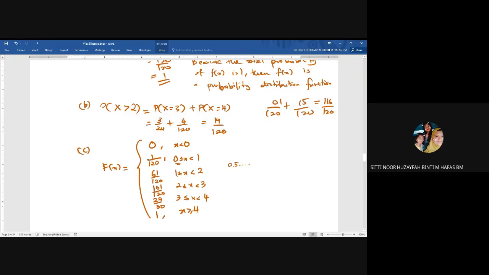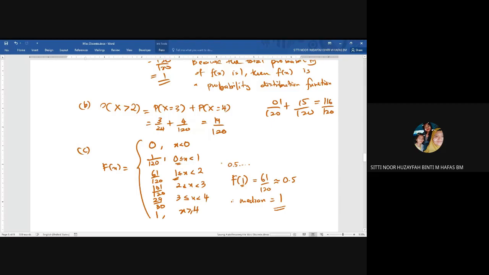This one will be the nearest one to the median. So because this is for x equal to what? Capital F of 1 is equal to 61 over 120, which is almost 0.5. Okay, then the median is equal to 1. This value of x is the median. So that's for question C.